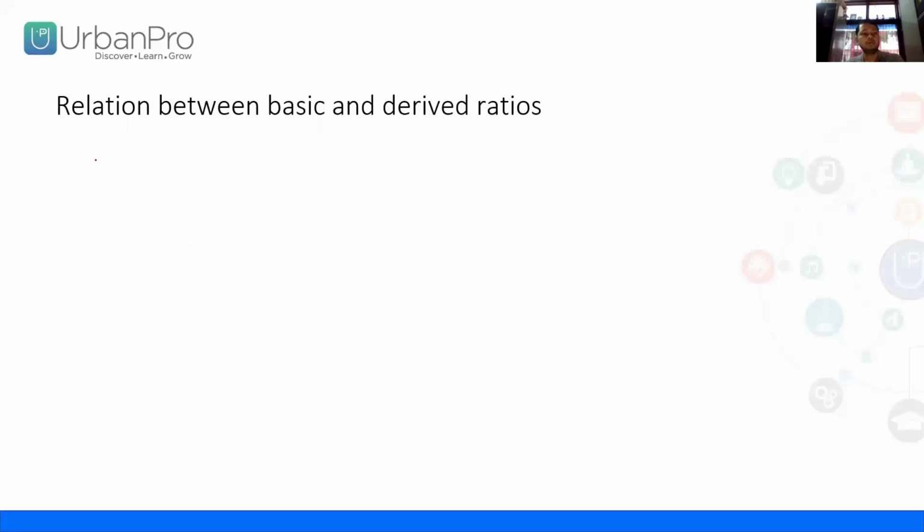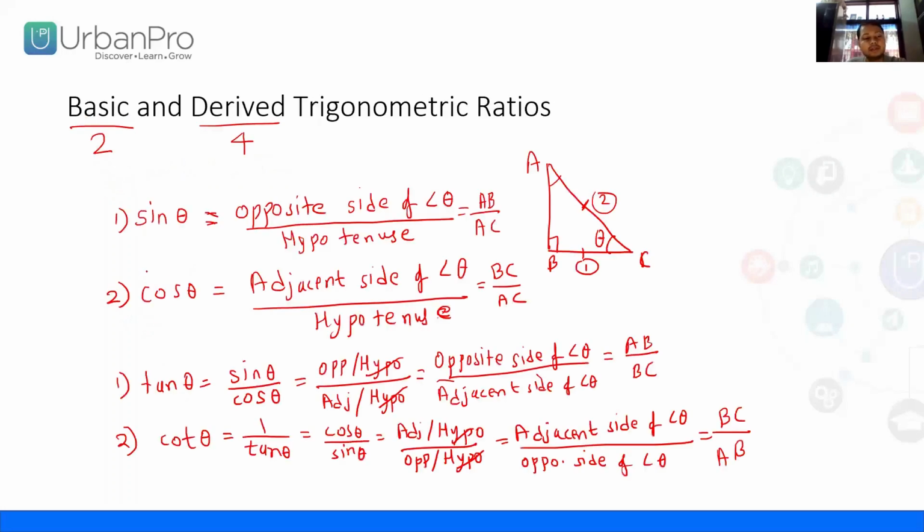Now we will move to the third ratio. It's basically relations between basic and derived ratios only. The third one is sec theta. As you can see in the previous slide, there is cos theta, and sec theta is the inverse of cos theta, so 1 upon cos theta.